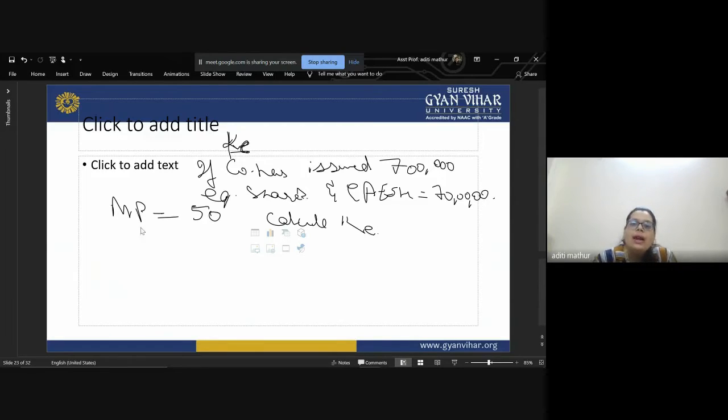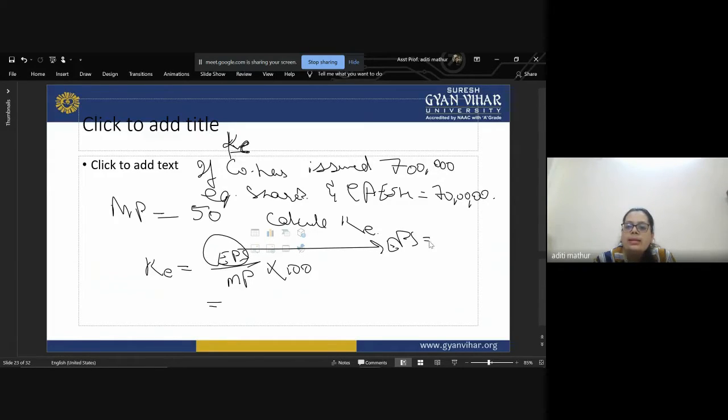For this, we are going to use the formula KE is equal to EPS upon MP into 100. So for that, let us first calculate EPS.